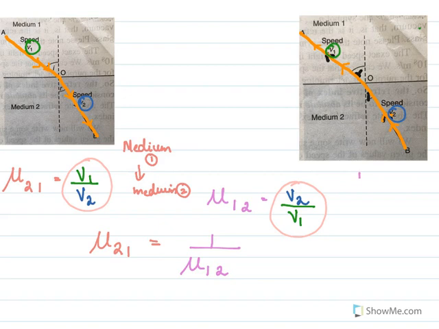And in the second case, light travels from medium 2 to medium 1, and then we measure the refractive index of 1 with respect to 2. So here we measured 1 with respect to 2, and in this case, we measured 2 with respect to 1. And they were reciprocals of one another.